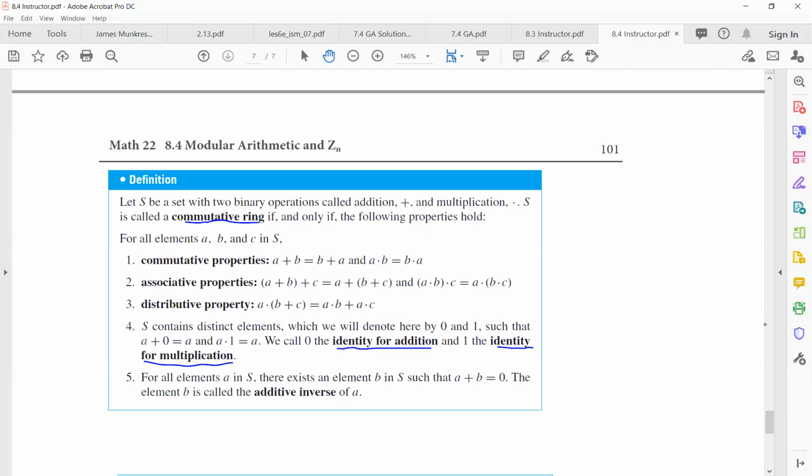And finally, you have an additive inverse for element a. For any element a in S, for sure you can find another element b, which is the opposite of a, that satisfies the condition that the sum is equal to 0. Element b is called the additive inverse of a.